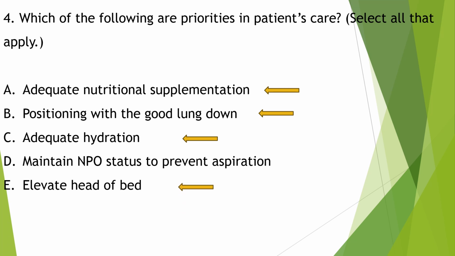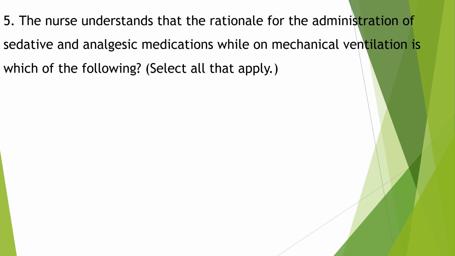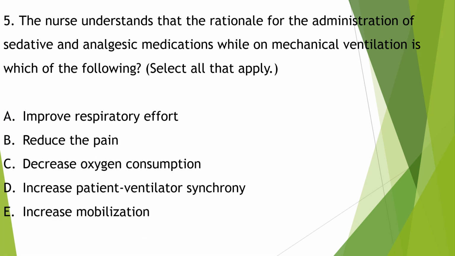to prevent ventilator associated pneumonia. The nurse understands that the rationale for the administration of sedative and analgesic medication while on mechanical ventilation is which of the following? Select all that apply. Improve the respiratory effort, reduce the pain, increase the oxygen consumption, increase patient ventilator synchrony, increase the mobilization.